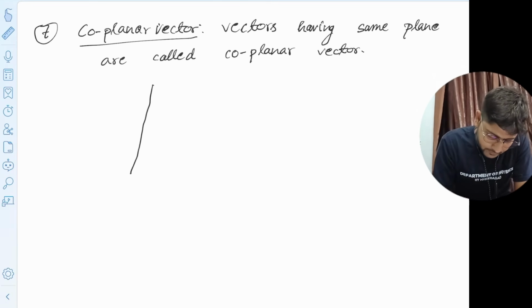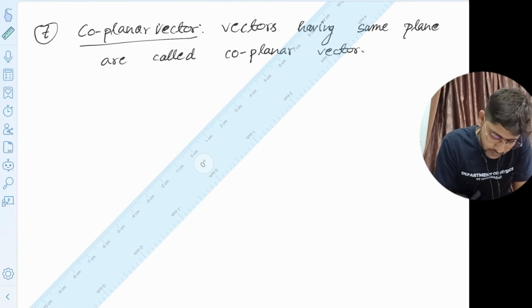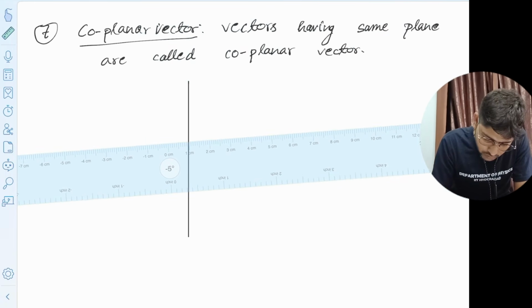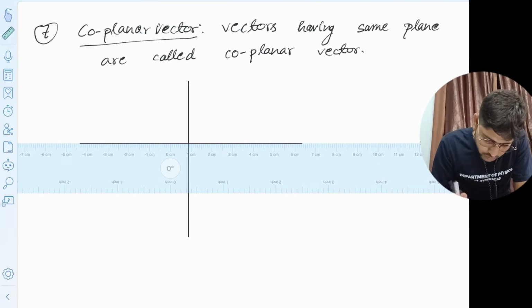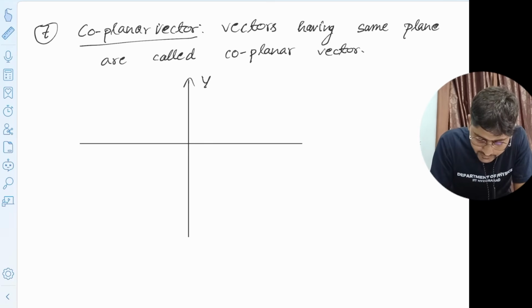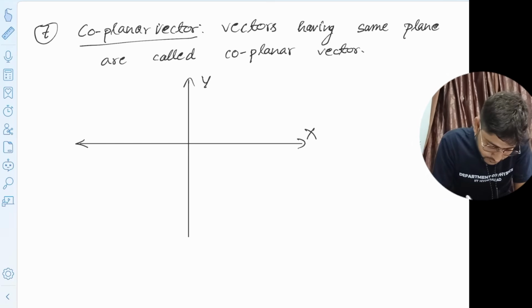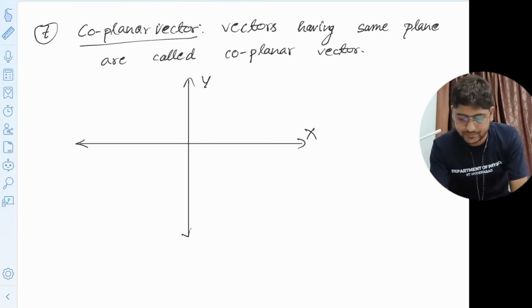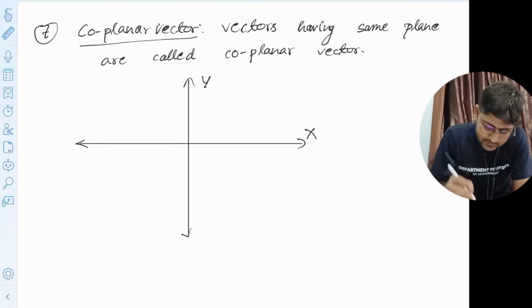Example. Suppose this is our y-axis, this is our x-axis. Why do I make an arrow at the end? Because it can be extended. This x-axis can be extended.